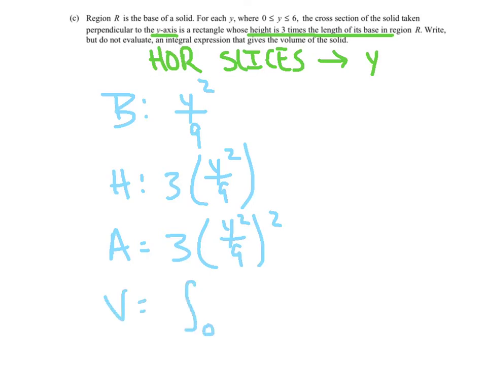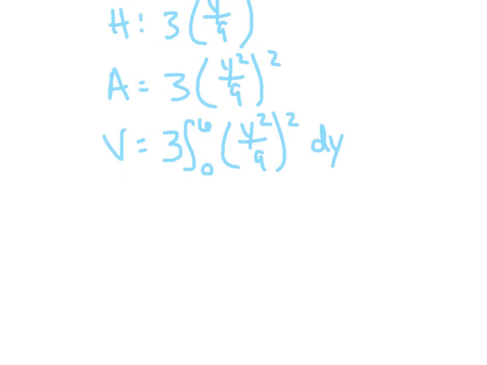We're going from 0 to 6 because of the lowest y value and the highest y value. And we've got 3 and then a quantity y squared over 9 squared with respect to y. Now, notice there is no pi in this one. Definitely no pi. And I think it's very easy to assume. We could work this one out if we had to. I'm not going to ask you to do so. I just want you to work on part A for tonight.